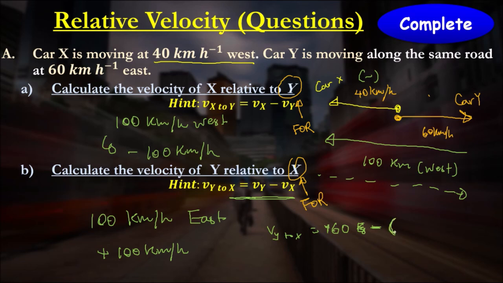Now west is a negative value for us, so subtracted by negative 40, and we'll find that we get a value of positive 100 kilometers per hour. And so that would also imply that it's 100 kilometers east. And so that's how you can go through a question like relative velocity using vector analysis or these vector equations that we have.